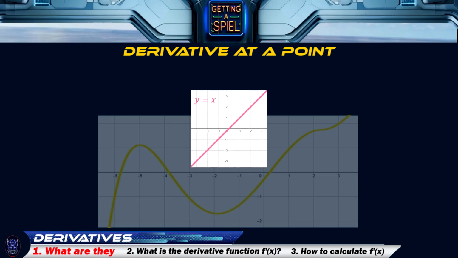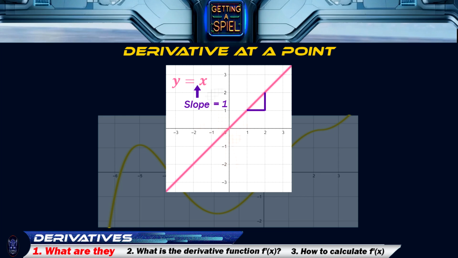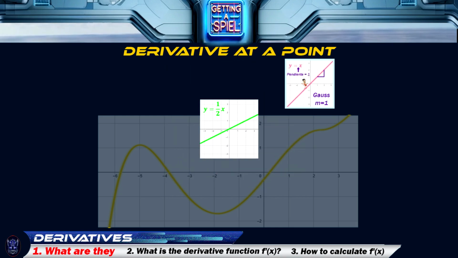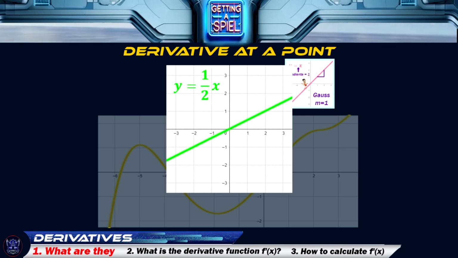Let's go. Here's a straight line with a slope of 1. Do you remember? The slope of a straight line is the coefficient in front of x in its equation. This other ant, let's call her Gauss, is walking along with a slope of 1. Can you tell me the slope of this other line? Go ahead, it's easy.